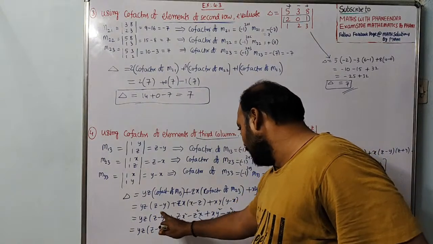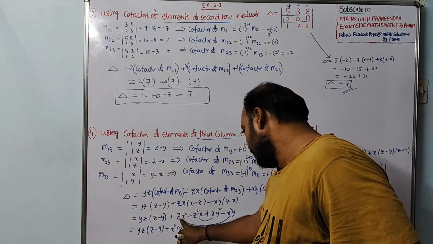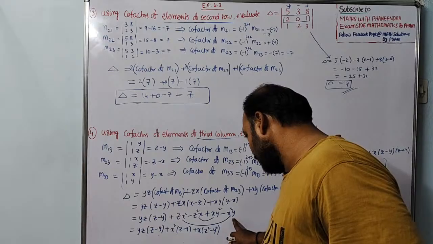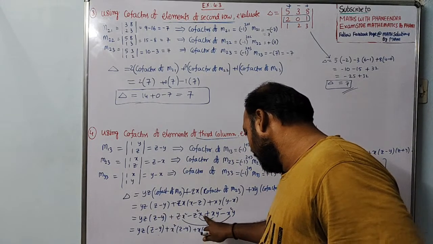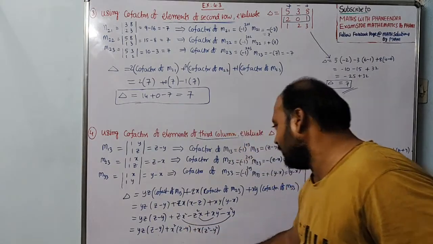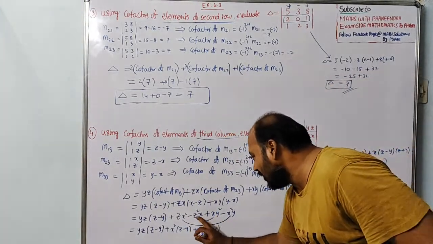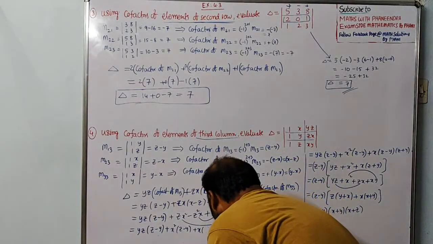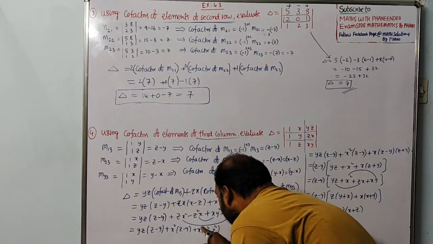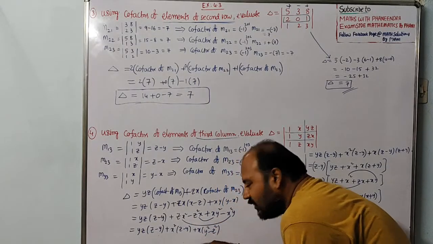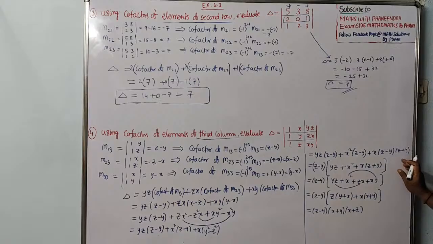Here z minus y, here x square, if we take out common, z minus y only there. Here x take out common, y square minus z square, here only I wrote wrong. Y square minus z square, here is y square minus z square. See, x into minus z square x y square. That minus value will change. So here y minus z, y plus z anyway no problem, y plus z.